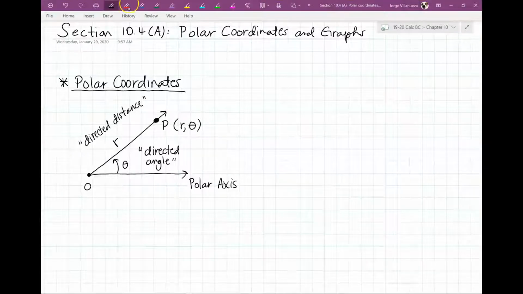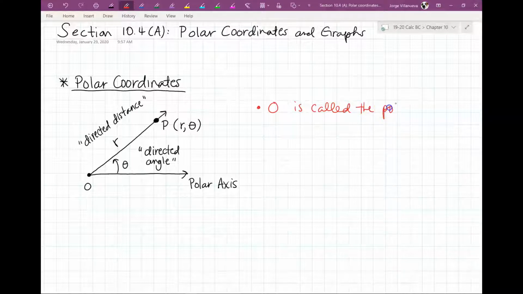So anyway, let's go with some of these pieces here. First off, the origin is called the pole, as in the North Pole, kind of. So it's called the pole, or some people will call it the origin.